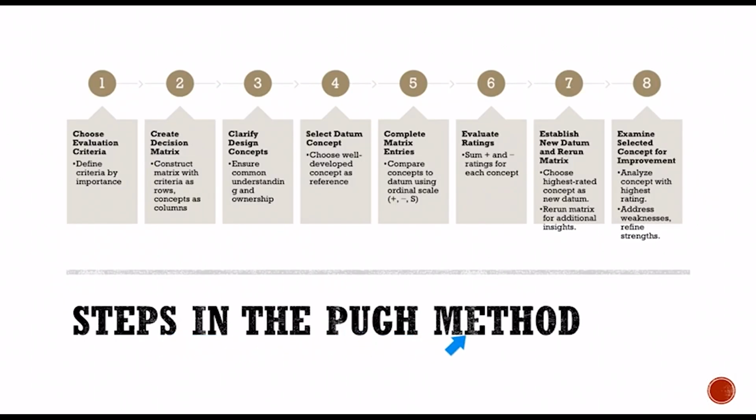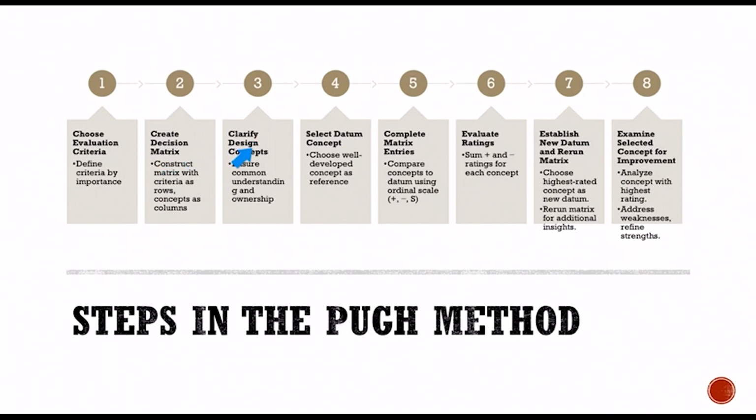Steps in the PUGH method. There are 8 steps that need to be taken if we want to produce the PUGH table. First is to choose the evaluation criteria. Second is to create the decision matrix. 3.